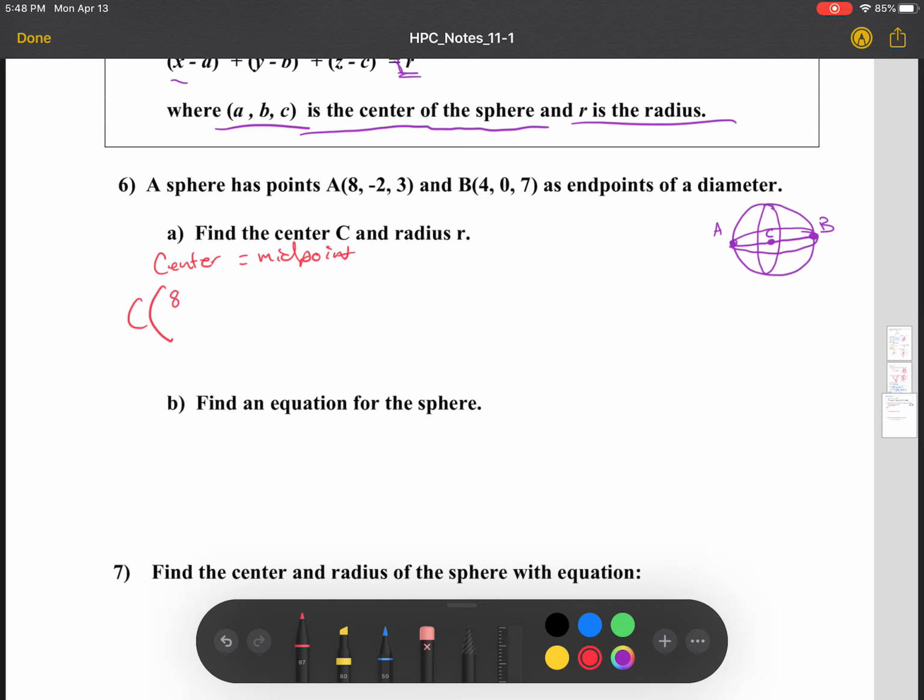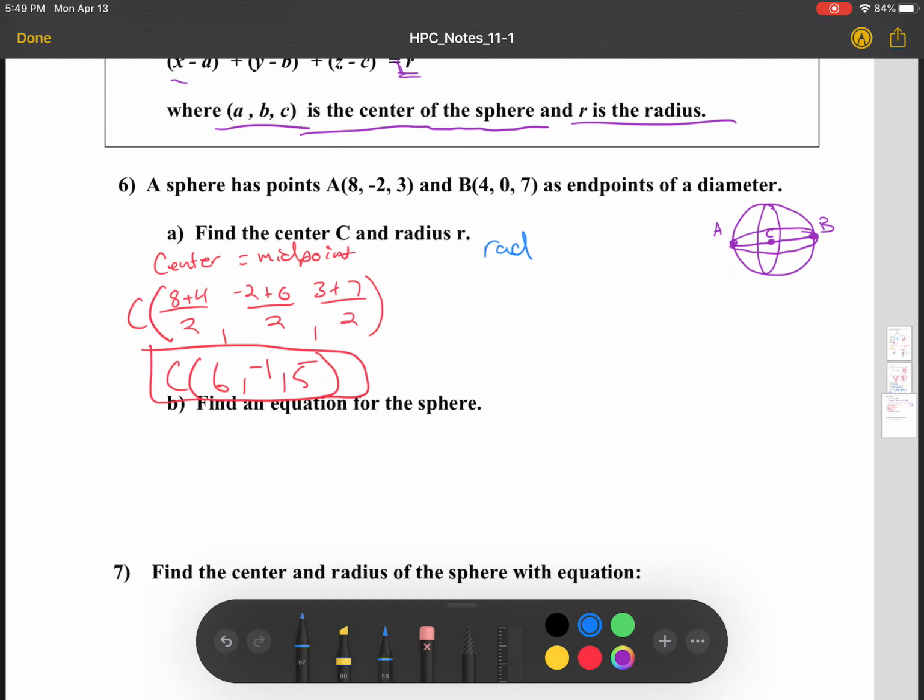So our center is going to equal our 2 points, we're going to add them, and we're going to divide them by 2. Okay, so that's going to be your x point, your y point, and your z point. When you solve those all out, your center C is going to be 6, negative 1, 5. All right, so we found the center.